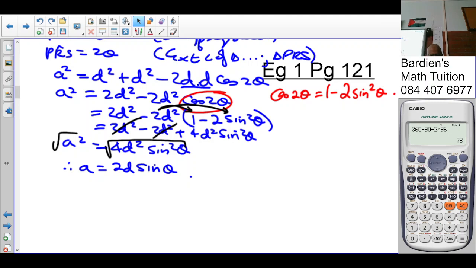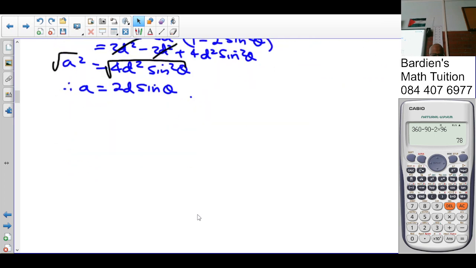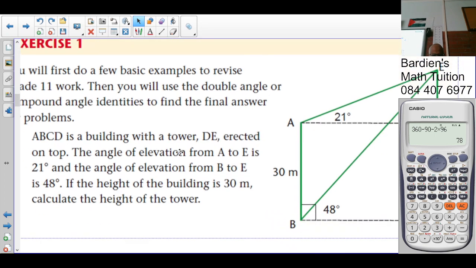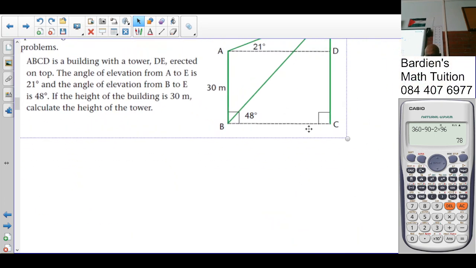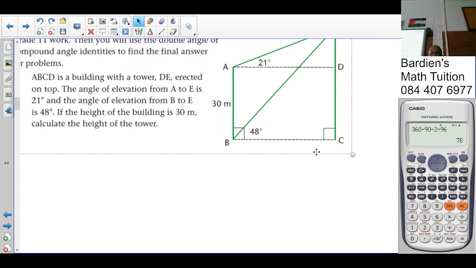Exercise 1, page 121, the odd numbers. You guys finish?